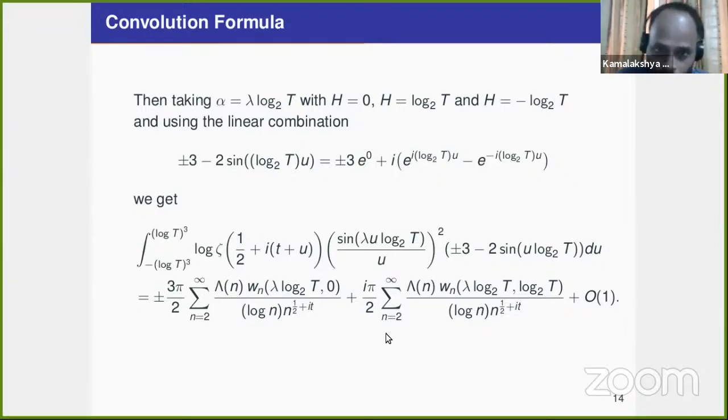Now we get our convolution formula if we can show that the first part of this Dirichlet series is very small. This is absorbed in the error term, which is log t power lambda, and that happens because of our choice. There are very few terms in this left hand side sum, right?